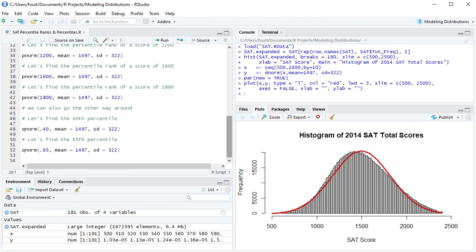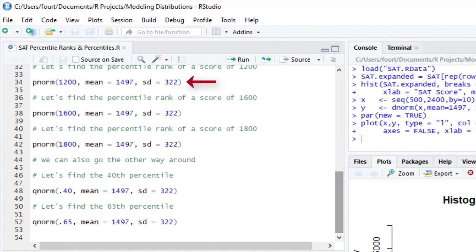The function in R for calculating percentile ranks of scores in a normal distribution is pnorm. You can think of the p as standing for percentile rank and the norm as standing for normal distribution. I want to know what the percentile rank is for an SAT score of 1200.